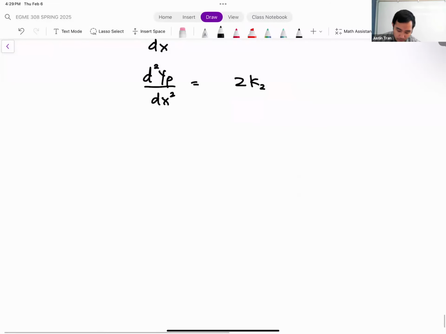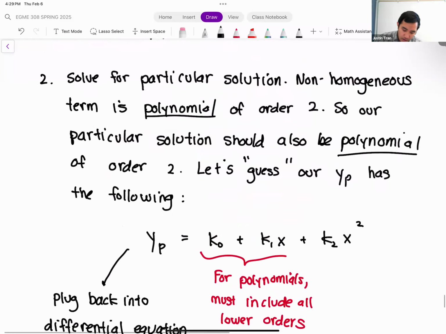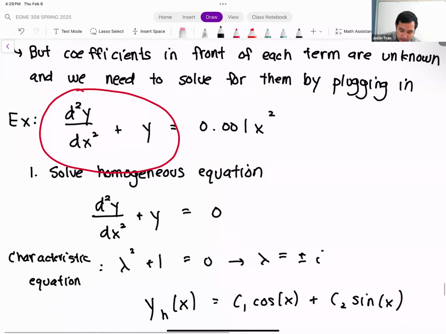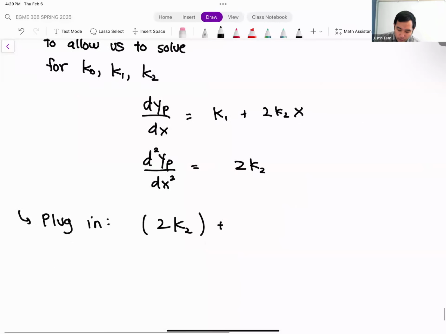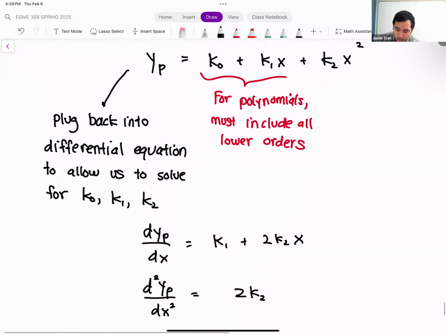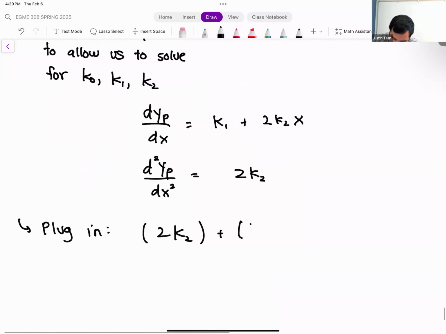That's 2k2. Plus, right after that, we have just y by itself, so we plug in y, which is k0 plus k1x plus k2x squared.